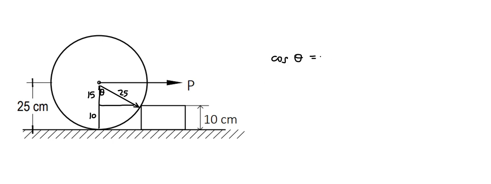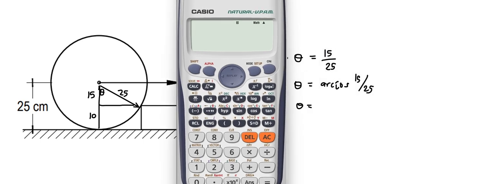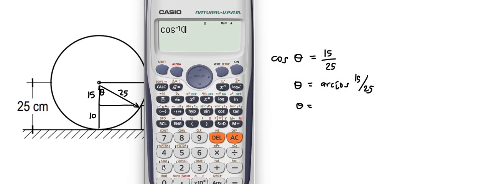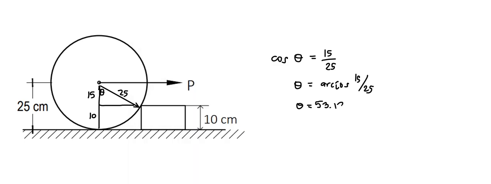So cosine theta is equal to adjacent, that is 15, divided by hypotenuse 25. So theta is equal to arccos of 15 divided by 25, that is equal to 53.13 degrees. And let's copy that to our previous slide.